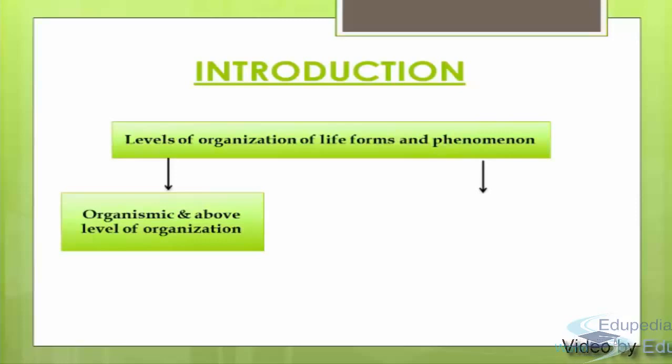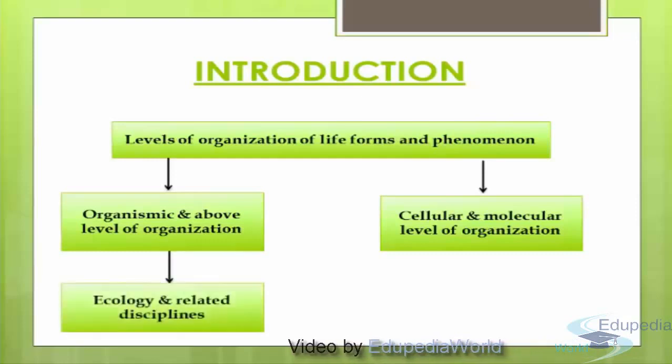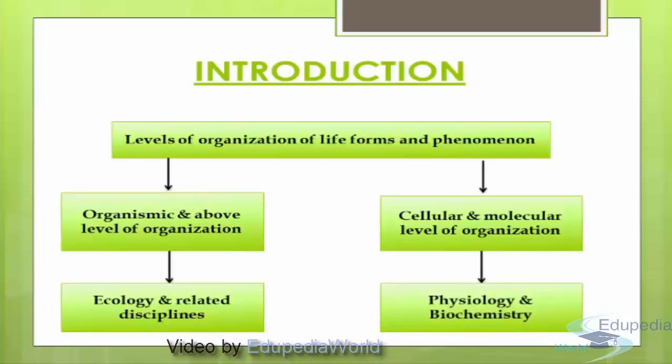One described at organismic level and the second one described at cellular and molecular level of organization. The first resulted in ecology and related disciplines. The second resulted in physiology and biochemistry.